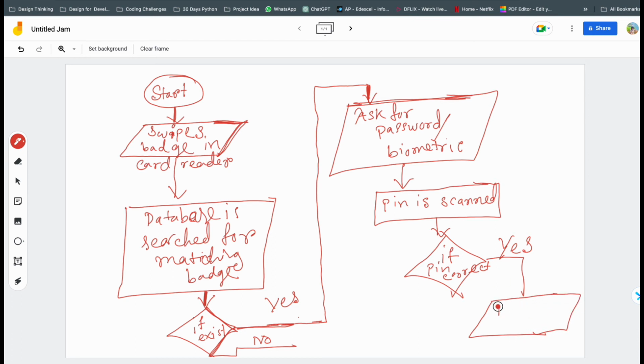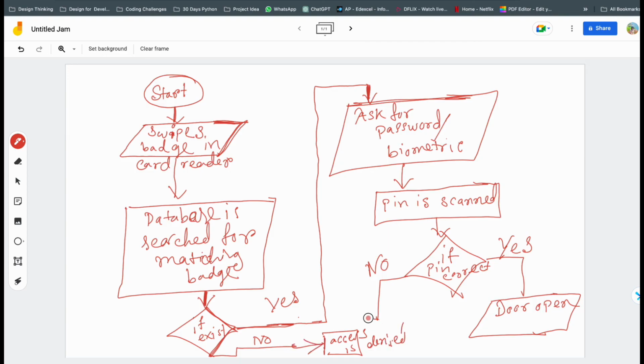So that means this is again a rhomboid: door open, right? Otherwise, if it's no, then access is denied. So here I can write: access is denied.